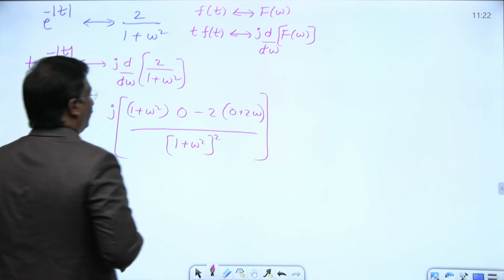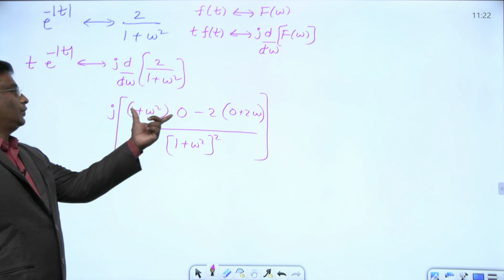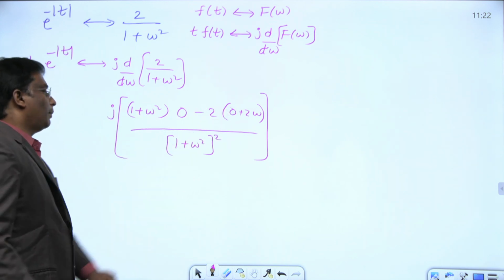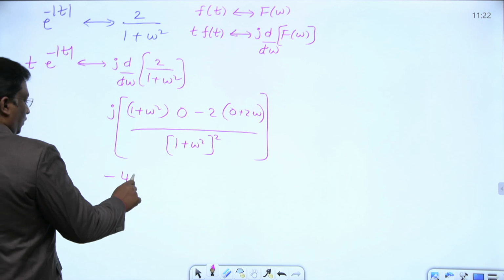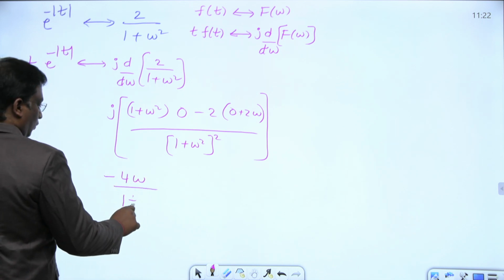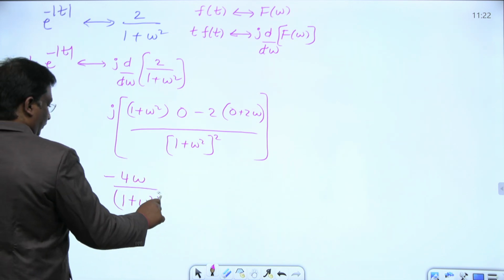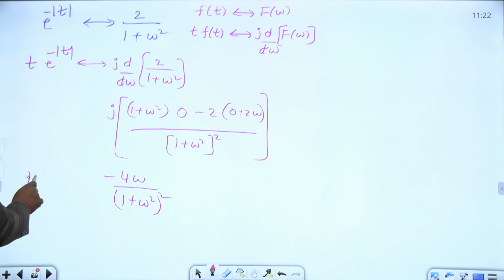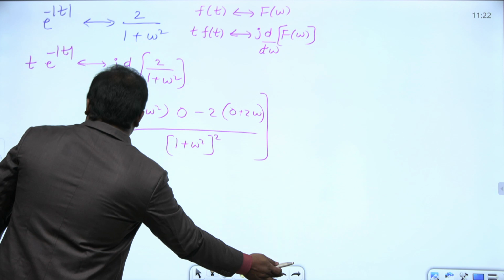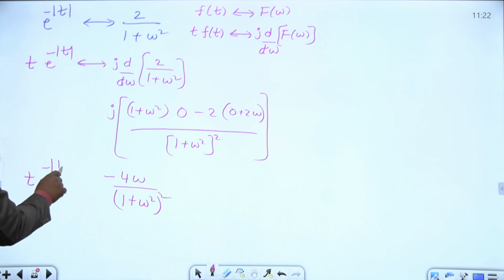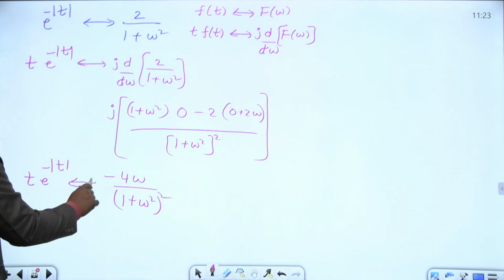This is 0, and this is 2 into 2 omega, minus 4 omega by 1 plus omega square whole square. This is the Fourier transform of t into e power minus mod t.